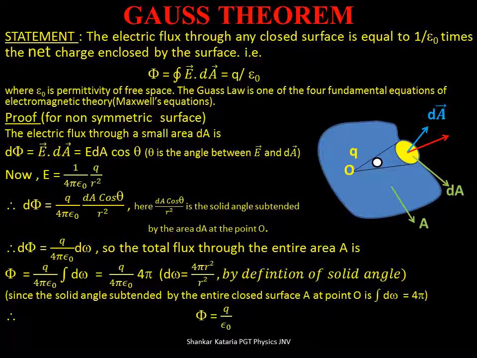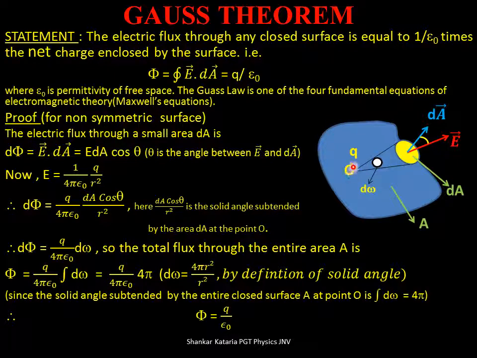The electric field is pointed outwards. In this case we take our charge as positive, and the angle between electric field and area vector, let us assume, is theta. d omega is the solid angle subtended by this area element at point O. Now if we consider only this small area element dA, then the electric flux associated with it would be E dot dA, which expands as E dA cos theta by the definition of dot product.